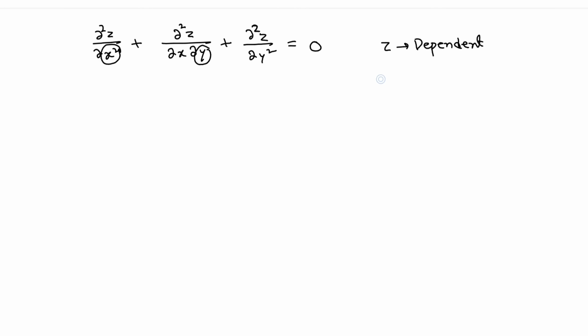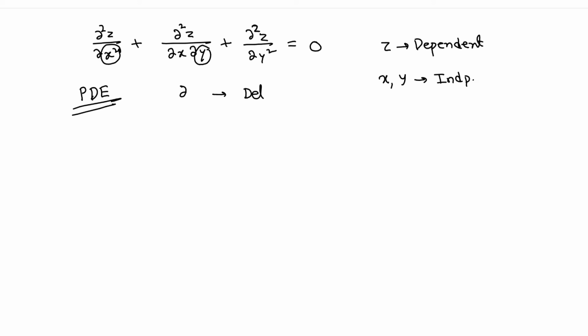So obviously here we have two independent variables, x and y, and I have told you that if there is more than one independent variable, then the equation will be a partial differential equation. Since it is a partial differential equation, I have used the symbol del. This is the symbol of del. Clear?